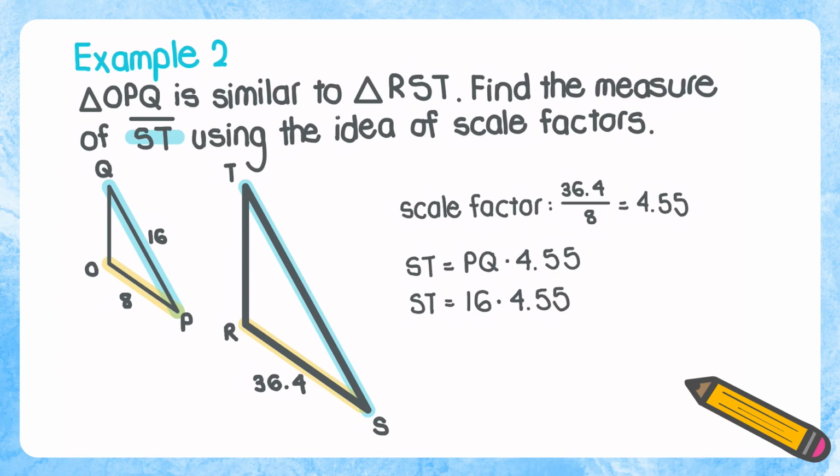Go ahead and plug this into your calculator and see what you get. So side ST equals 72.8. Similar to the previous example, first we find the scale factor between the two triangles based on given side lengths, and then find the missing side length using the idea of corresponding sides.